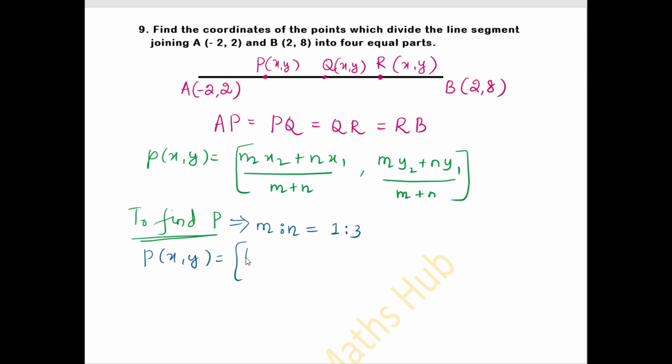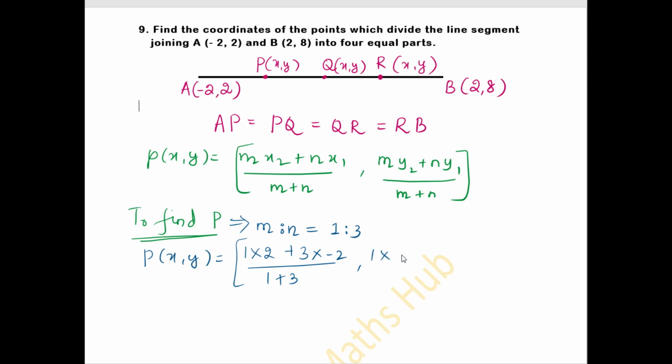Now the point P of x comma y equals, I'll redo again. M is what? 1, x2 is 2, plus 3 into minus 2, divided by 1 plus 3.